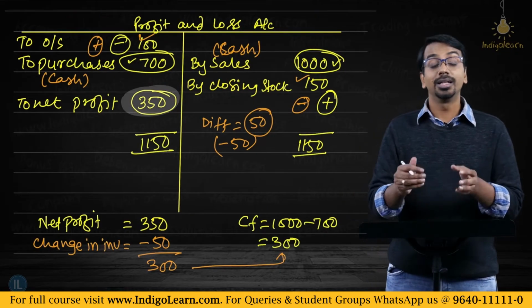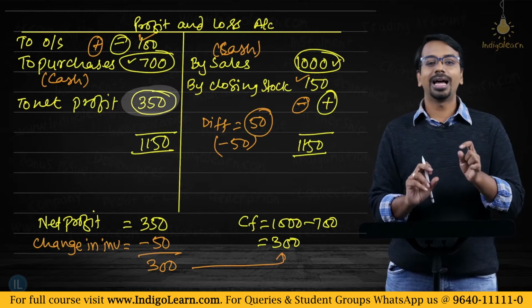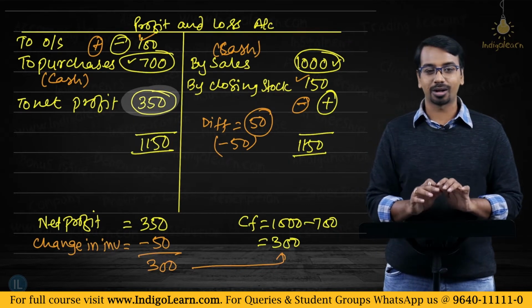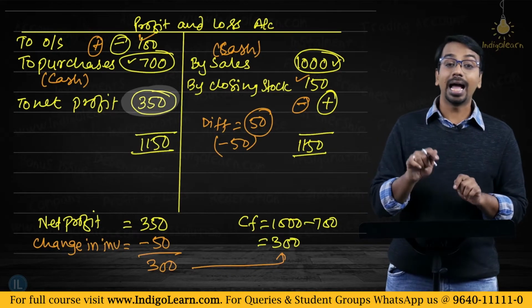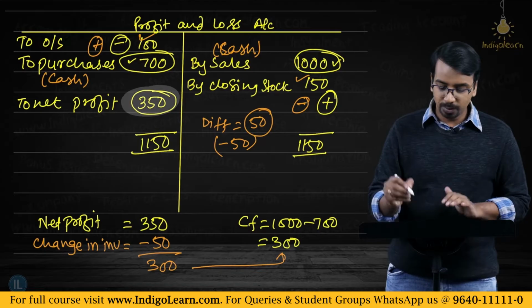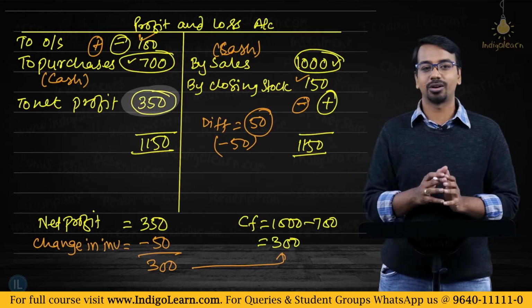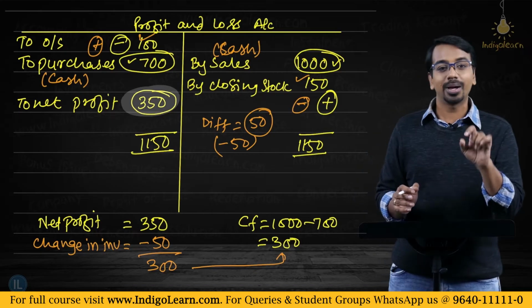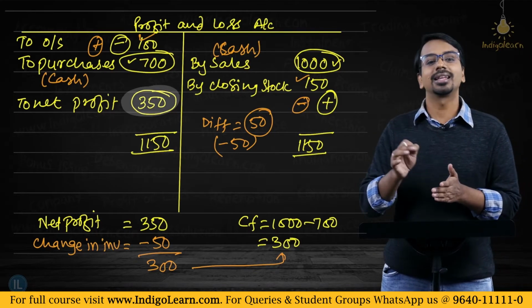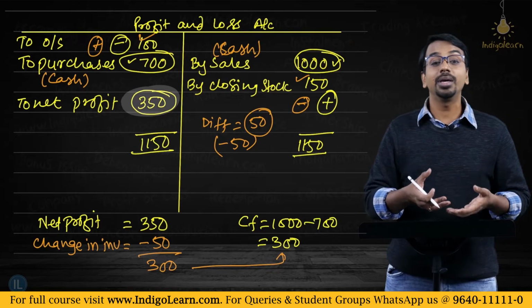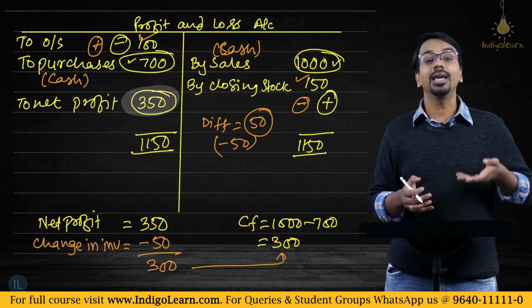So, it's very simple. To the net profit, I will have to adjust the impact of closing and opening stock. Now, should I add, should I deduct? The simplest way to remember this is, you simply do opening stock minus closing stock. That is the net impact on the profit. Now, if that is a negative number, because if closing stock is higher, net profit will be inflated or net profit will be higher.